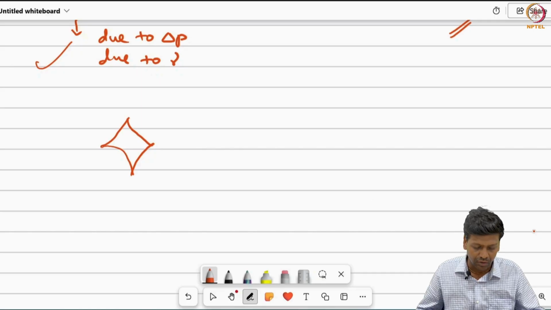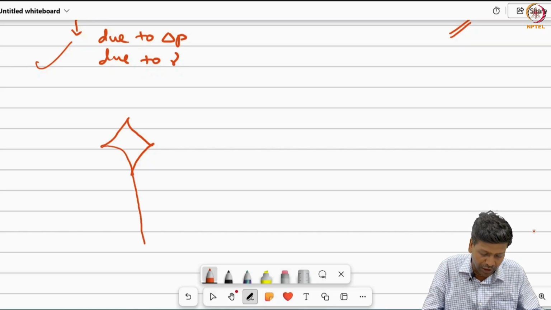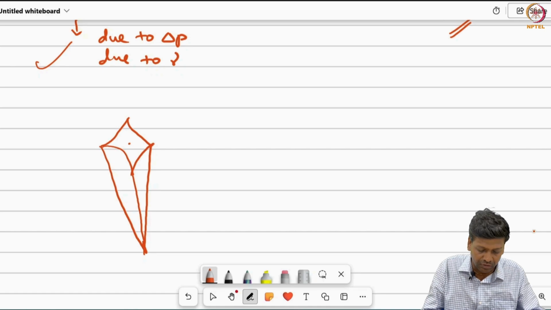So for that, what we can consider is a curvature which has two primary axes. So with respect to the center of axis, one would get two primary axes. So this we will take for an example.